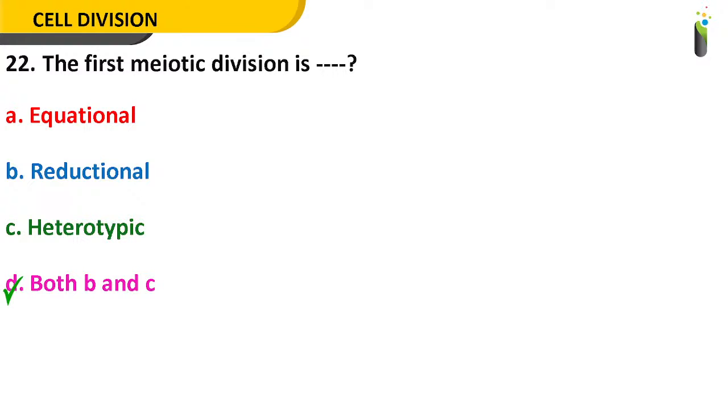The answer is D, that is both B and C. Remember, in meiosis, the nucleus divides twice. So we have meiosis 1 and meiosis 2. In meiosis 1, the actual reductional division takes place. The diploid cell produces two haploid cells, and these two cells are different from each other, so it's called heterotypic cell division.